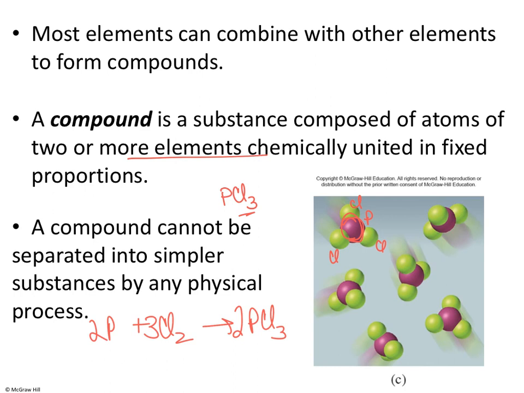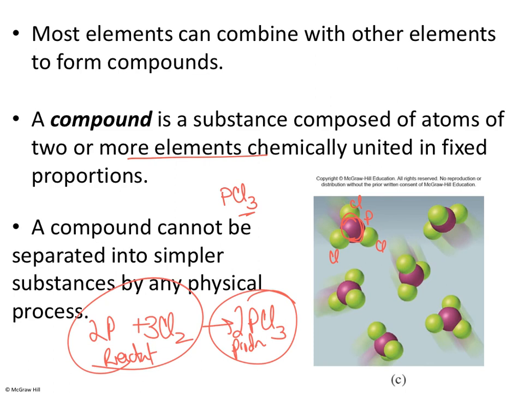You'll learn how to balance reactions. This is your reactants, and this is your product. You can combine phosphorus and chlorine to make a new substance, phosphorus trichloride. You'll learn how to name these next chapter. The different colors are trying to represent a new compound.